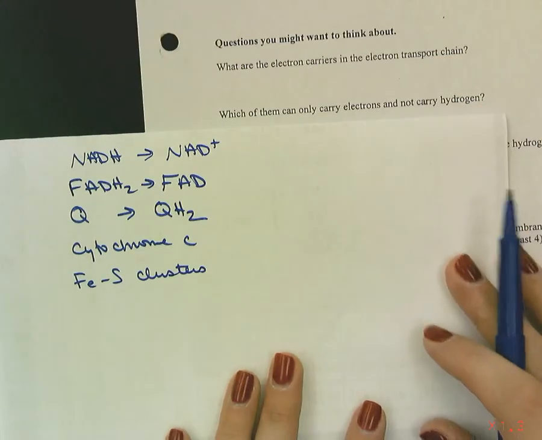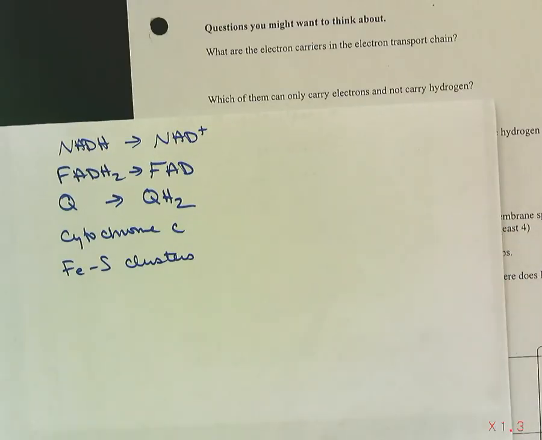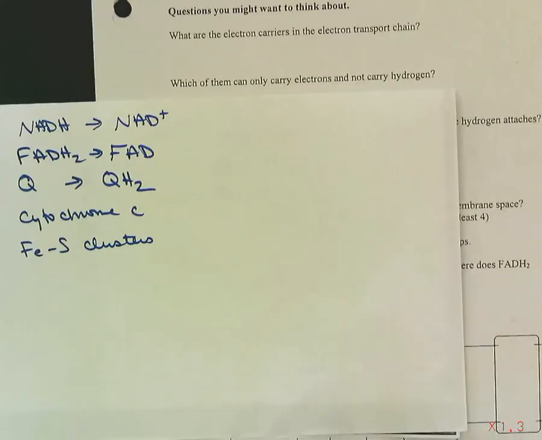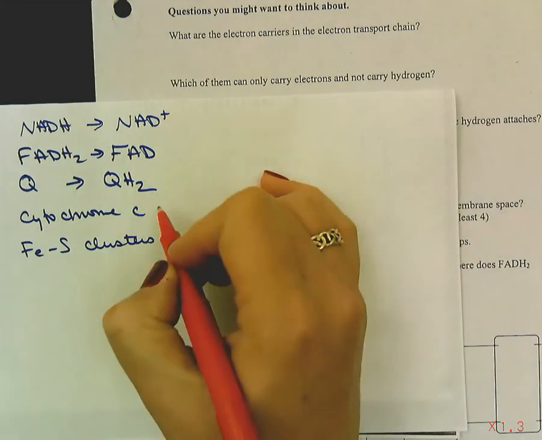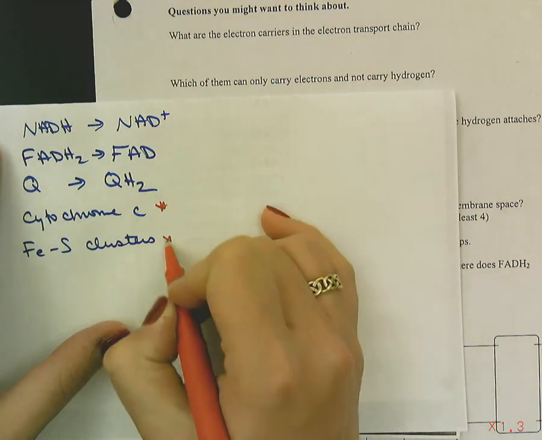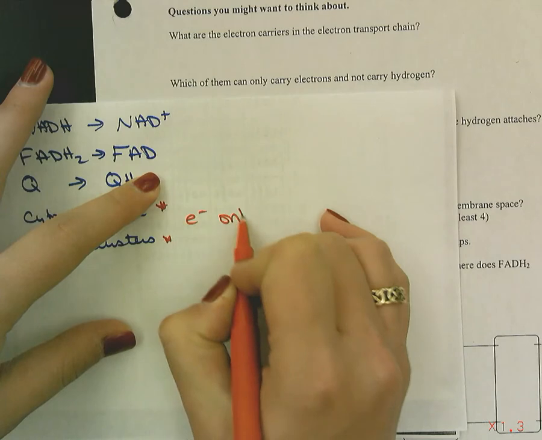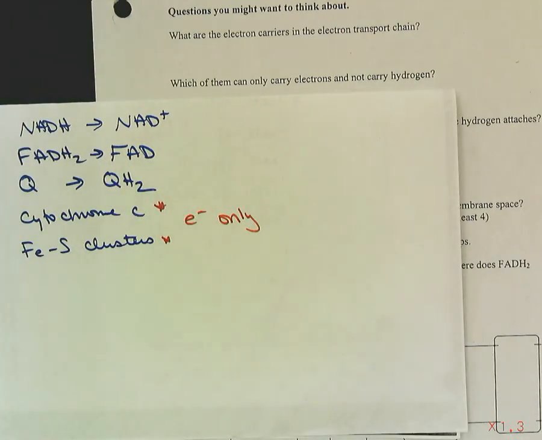Okay, which of these cofactors carry electrons but do not change their protonation state? Should be pretty obvious considering I put it with the protons. So which of these carry electrons only? Cytochrome C. Yeah. How are they able to carry electrons only?